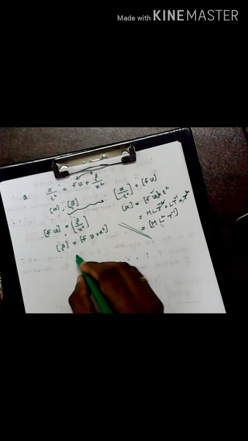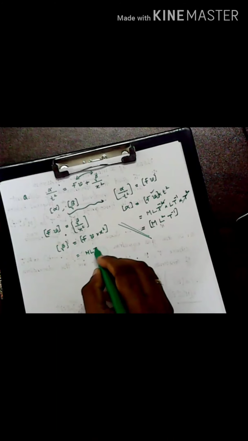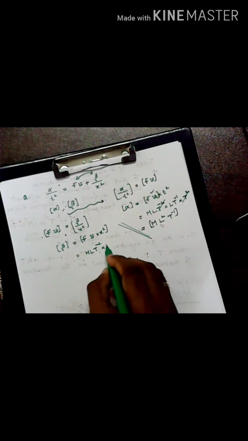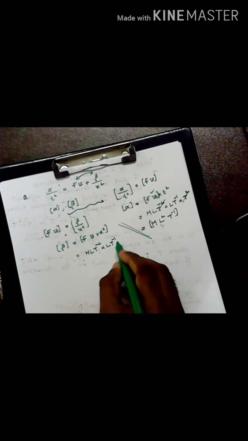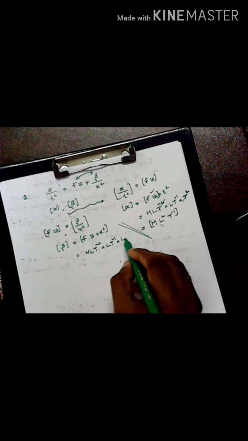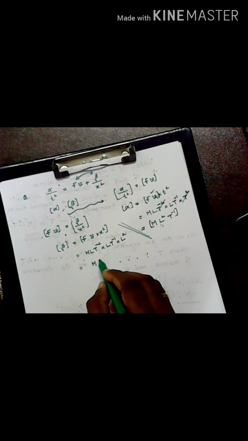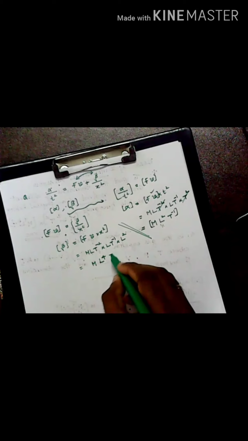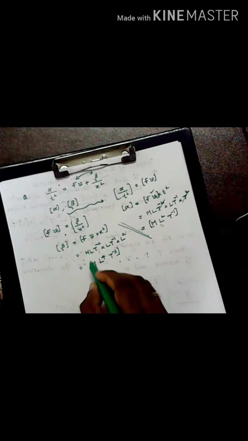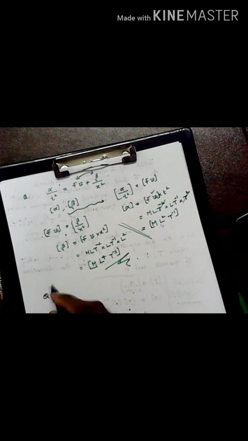That is equal to m l t raised to minus 2 into l t raised to minus 1 into x square as l square. So equal to m into l raised to 4 into t raised to minus 3. So that is the answer. So we can easily find the answers for the problems. The next very good question is waiting.